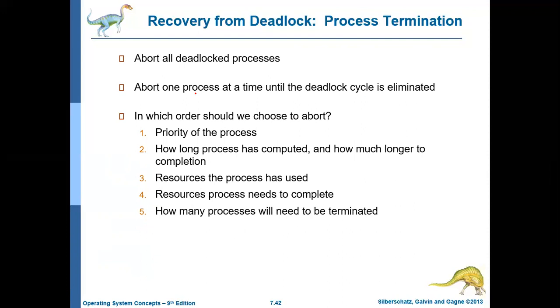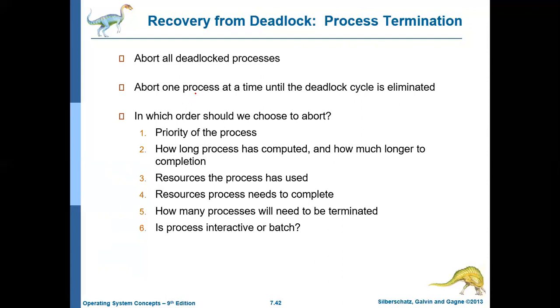How many processes will need to be terminated, that also we should identify to come out of deadlock. Also, whether the process is an interactive process or a batch process. An interactive process keeps interacting with the user, and user input plays a major role in its execution.